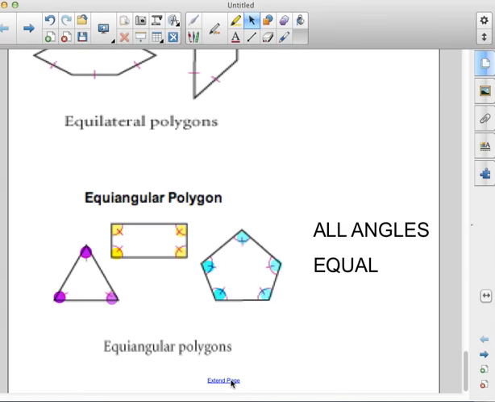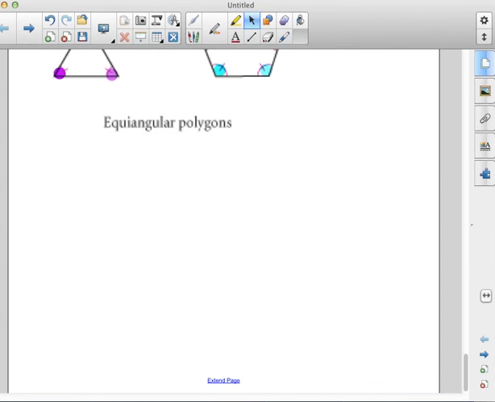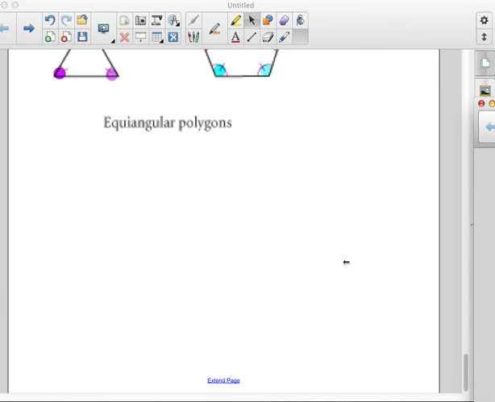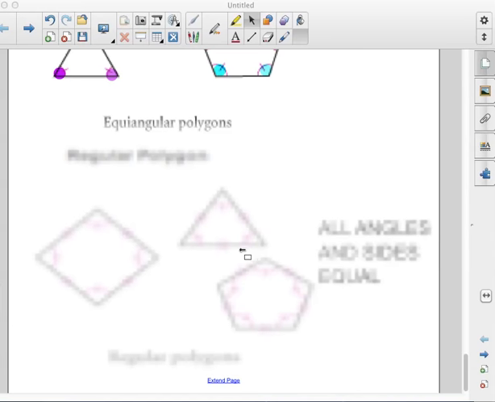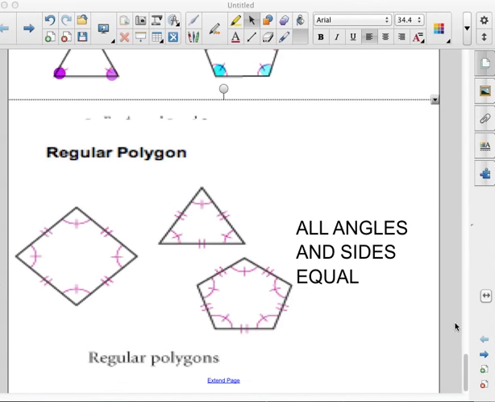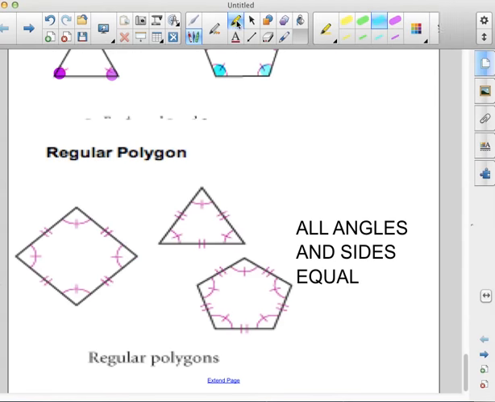Next, we have a combination of the both. We have what is called a regular polygon. And in a regular polygon, all of the angles and all of the sides are equal. So notice here in this quadrilateral that all of these sides are equal. And at the same time, all of its angles are equal.